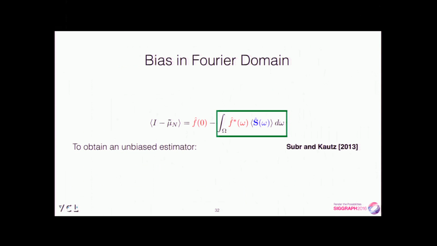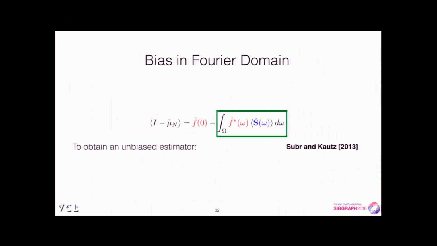So what should you do? If you want an unbiased estimator from this equation, can someone guess what we need the sampling pattern to satisfy? If you want the bias to be 0, what should the green box return? It should return f hat of 0.